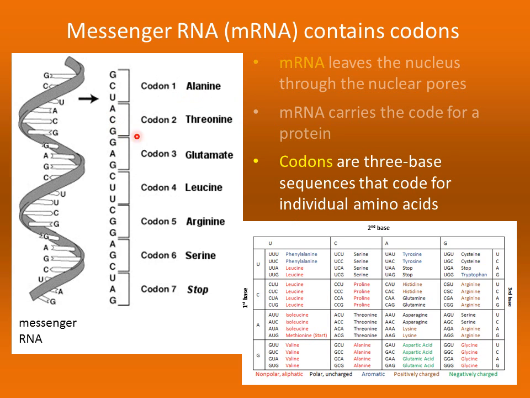And then we see ACG codes for threonine, GAG for glutamate, and so on. Now down here at the bottom, UAG is itself a stop codon, which tells the process to stop. And we'll see that when we get to the next part of the process, which is translation, in the next video.